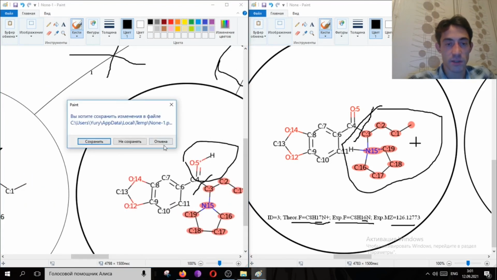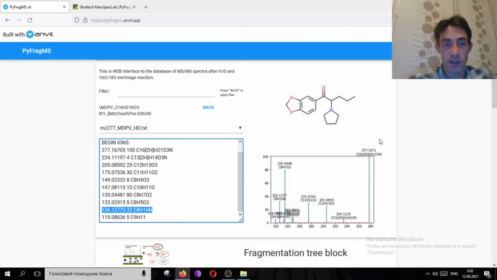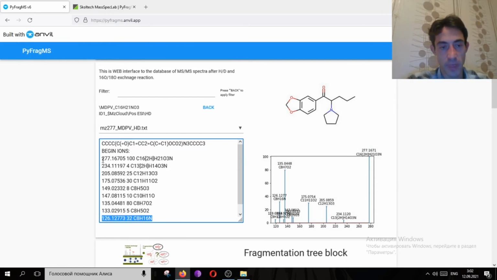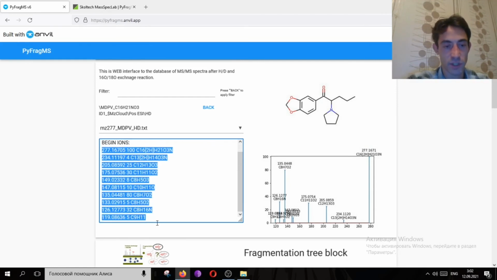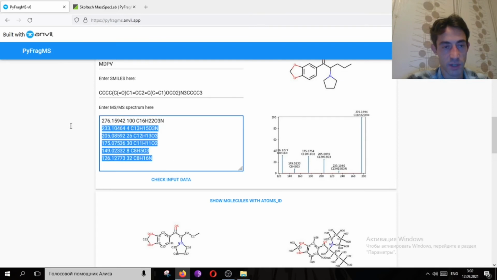Let me demonstrate how PyFragMS can be used for performing such results computation, for performing such experiments automatically.